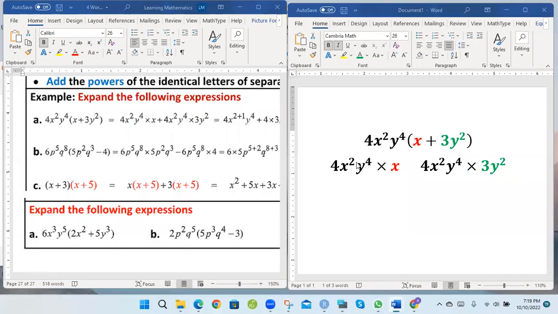As you can clearly see, 4x squared y to the 4 was multiplied to both x and 3y squared.